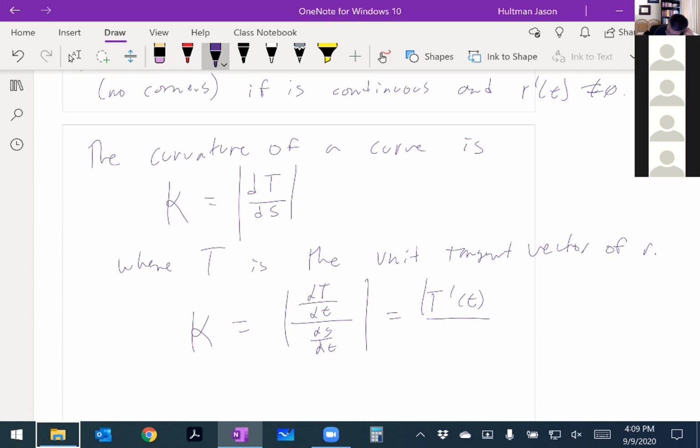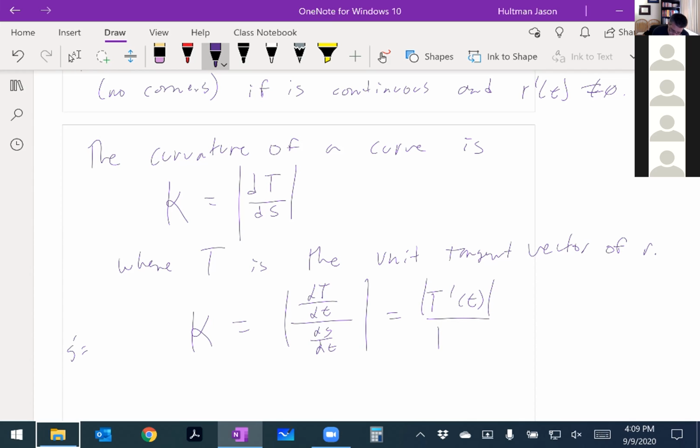This is equal to the derivative of the unit tangent vector all over ds/dt, which is just s prime. Remember, what was s prime?